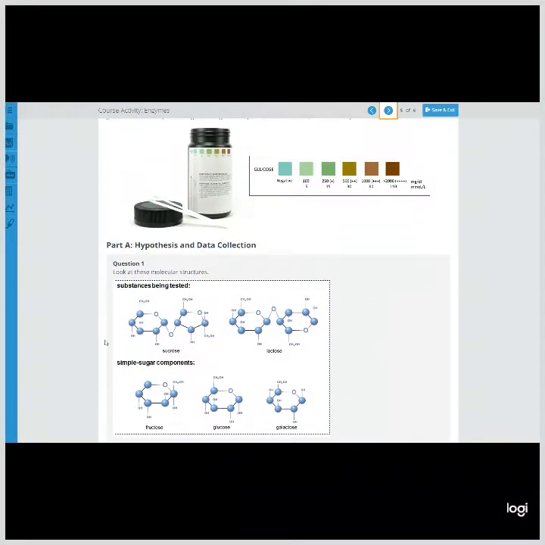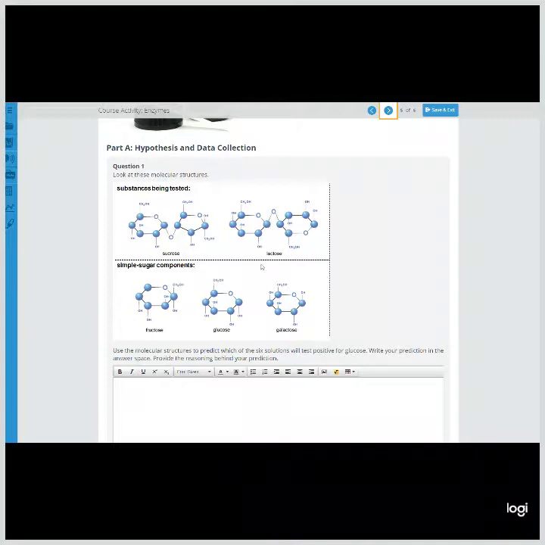In test tubes 4, 5, and 6, you have sucrose, and in test tubes 1, 2, and 3, you have lactose. Are sucrose and lactose going to have glucose in them? Use the glucose molecular structure to see if it's inside either one of them and predict: will it be broken down?